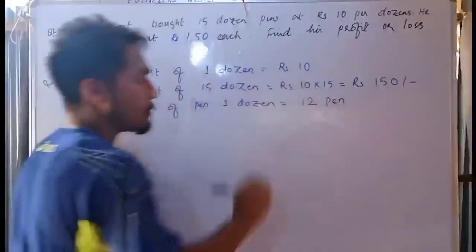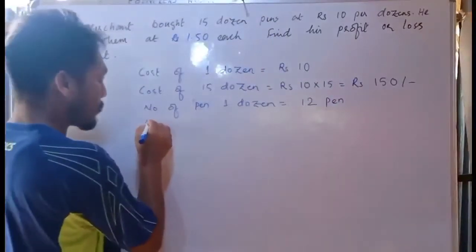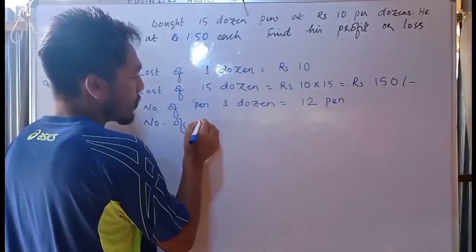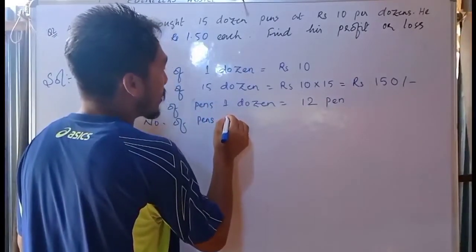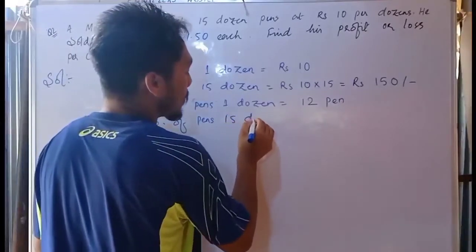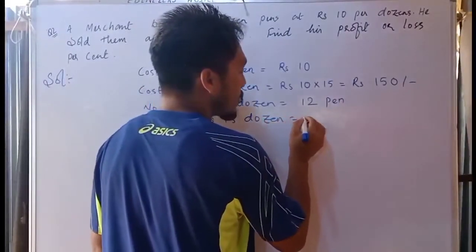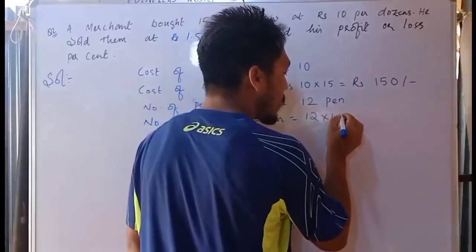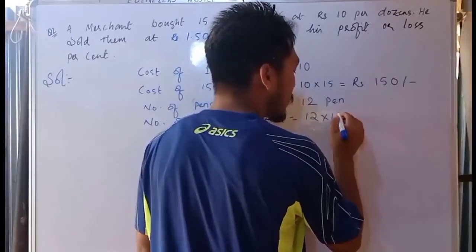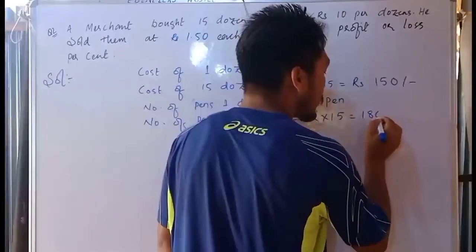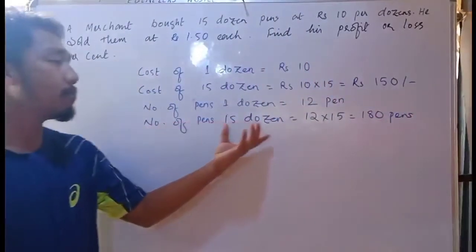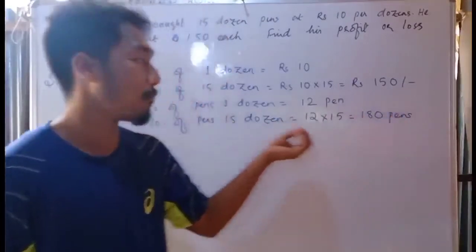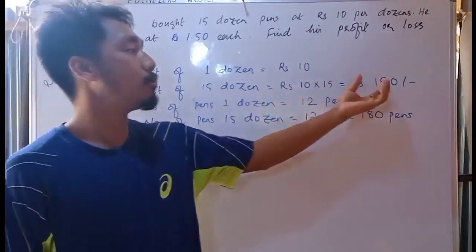Then the number of pens in 15 dozen will be 12 into 15, that is equal to 180 pens. So in 15 dozen you get 180 pens.